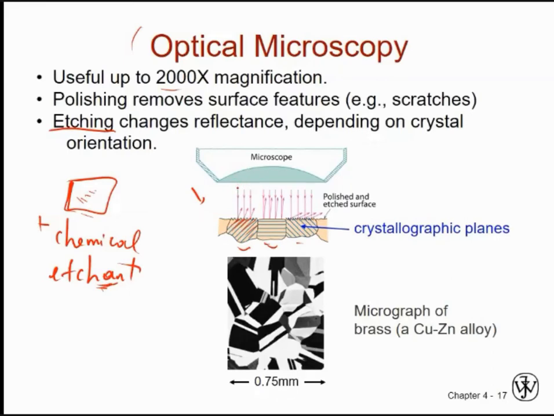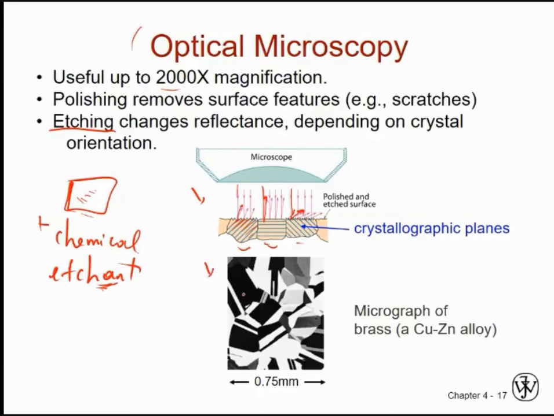Because they dissolve in a different manner, they will reflect light in a different manner. If you see, this one comes this way and returns this way. This one comes this way and is reflected in another way. The different reflections will be perceived by the microscope, and the microscope will give us different colors for different reflections of light.